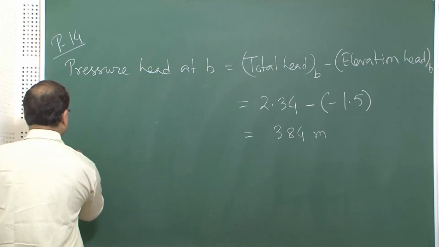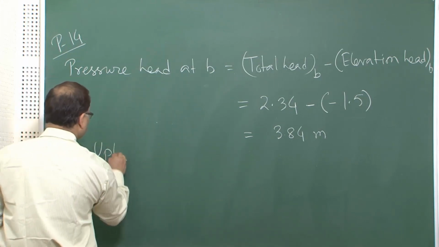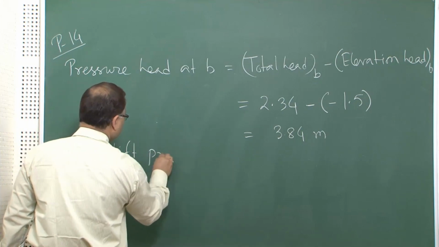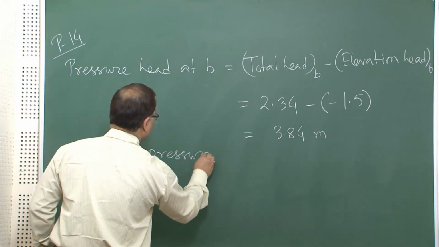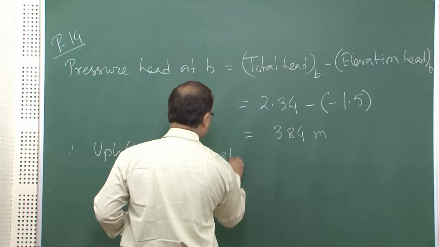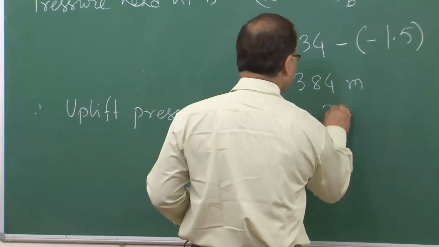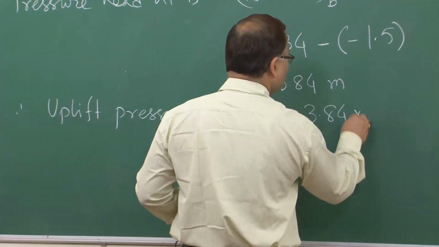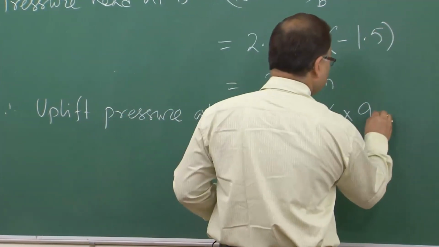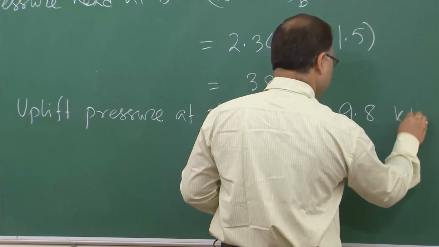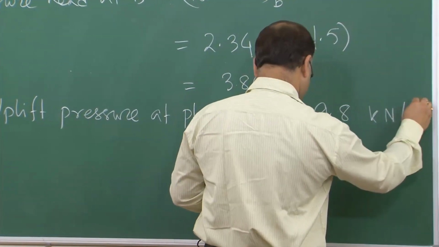So, the uplift pressure at point B is therefore equal to 3.84 into gamma W kilonewton per meter square.